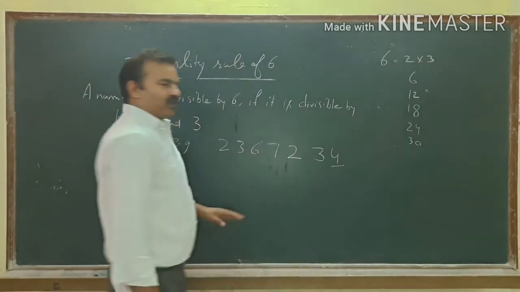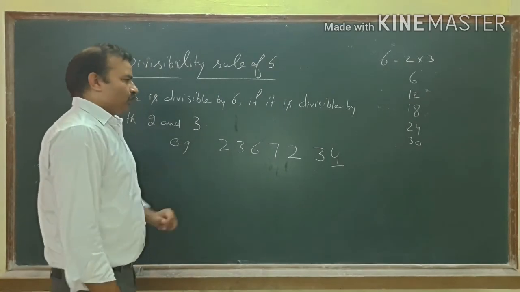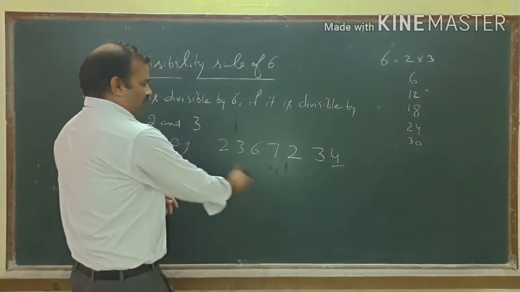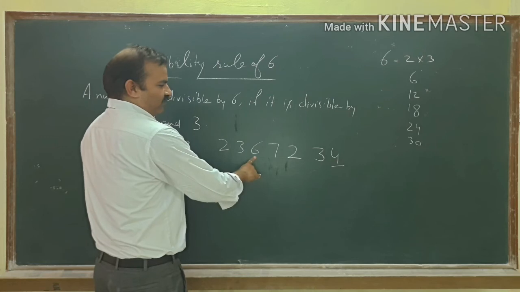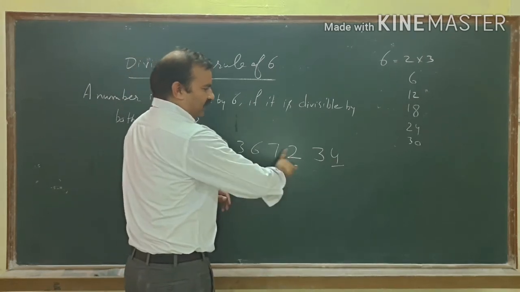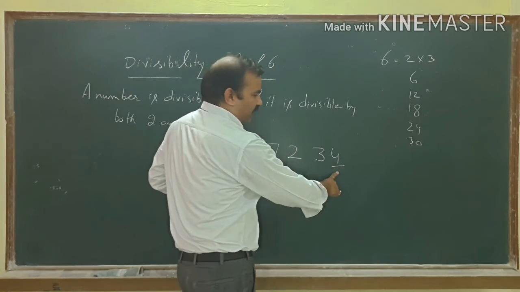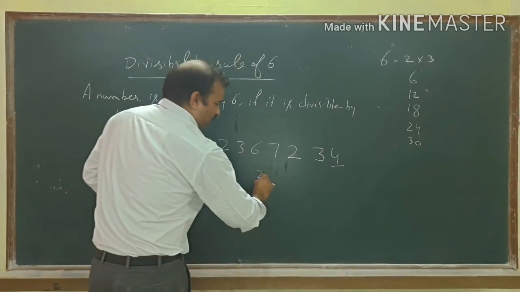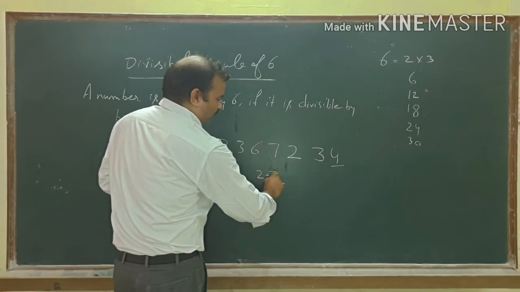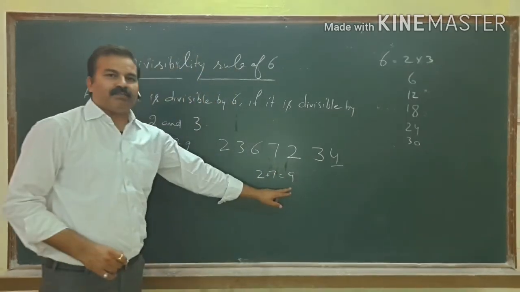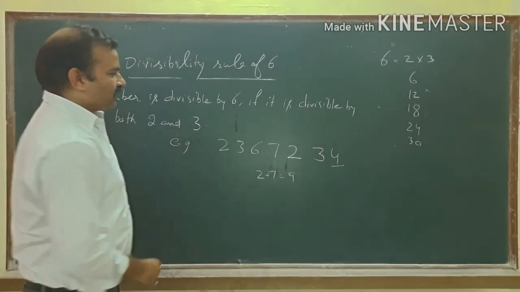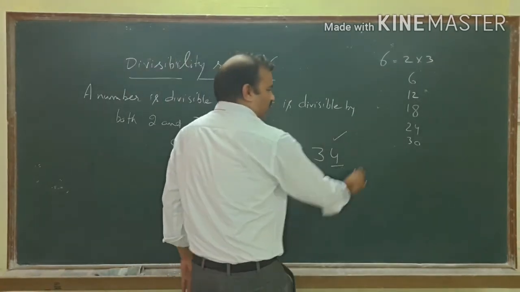It is even, so yes, it is divisible by 2. Now check for 3. 2 plus 3, 5. 5 plus 6, 11. 11 plus 7, 18. 18 plus 2, 20. 20 and 4, 24, so the sum is 24. Again 2 plus 4 is 6, a multiple of 3. So this number is divisible by 6.